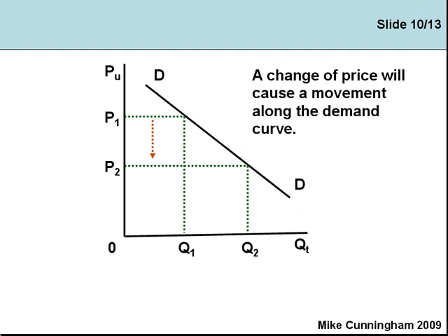In other words, as the price has fallen, we have moved along the curve. We've moved from one point on the curve to the next. So a change in price will cause a movement along the curve. And that's one of the big outcomes of this session. A change in price will cause a movement along the curve.